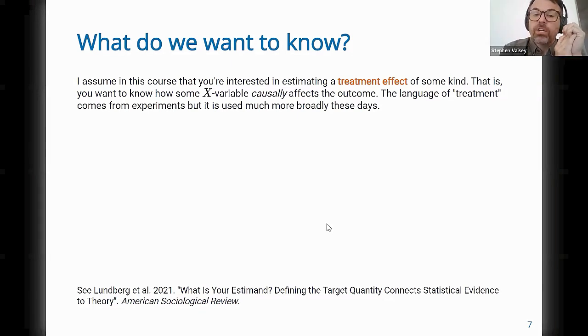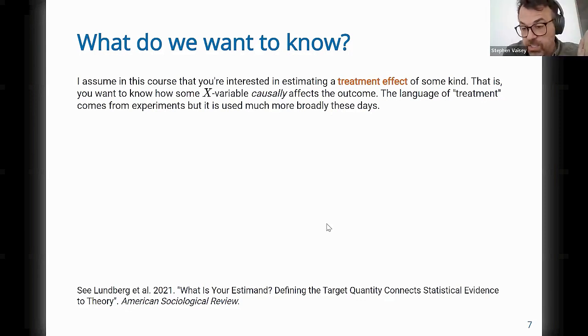I get it that we've all learned to say this is associated with. We've learned this weaselly language of antecedents and consequences and all these sorts of things to try and avoid using causal language. Many of us, depending on our field, will have learned that. But ultimately, the thing we want to know is how does this thing affect the outcome?